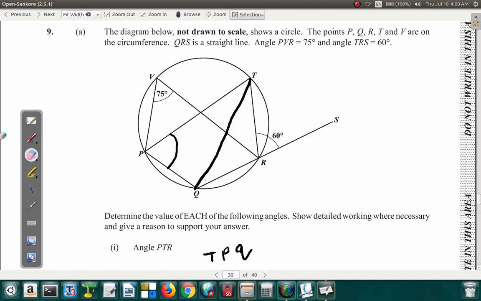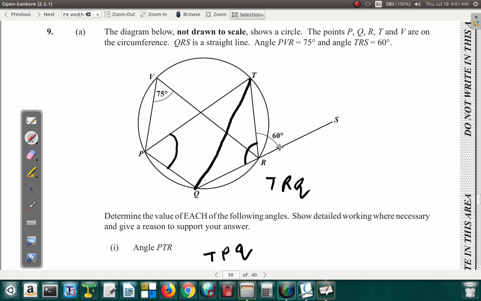Now, what I'm looking at is this angle here, and I'm also looking at this angle here. These two will add up to 180 degrees because they're lying on the card TQ. Now, what is this angle? TRQ. What is TRQ?